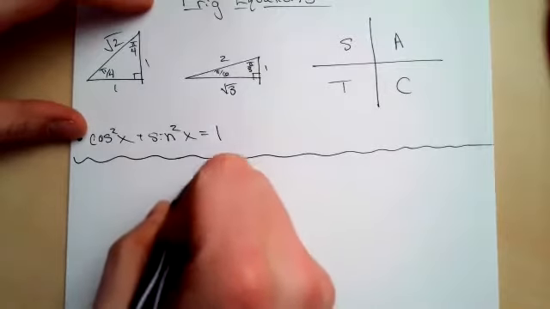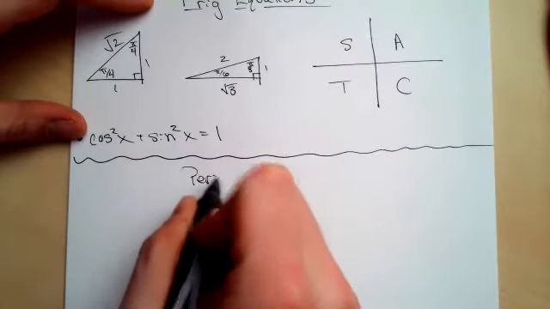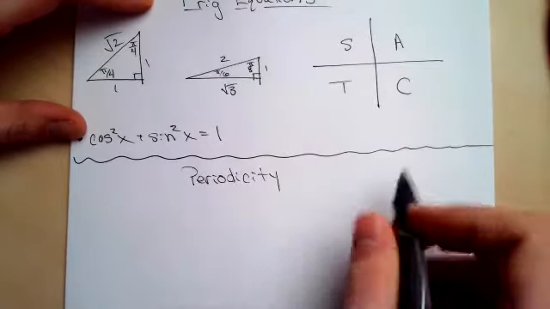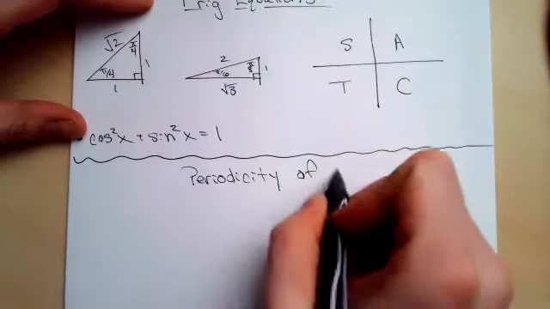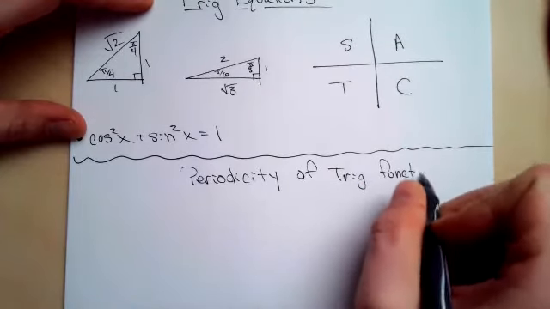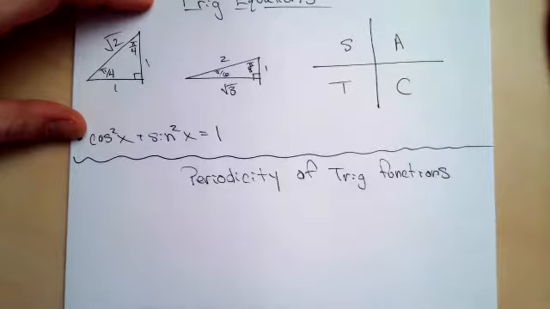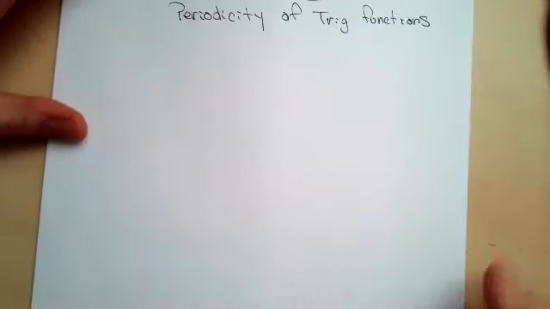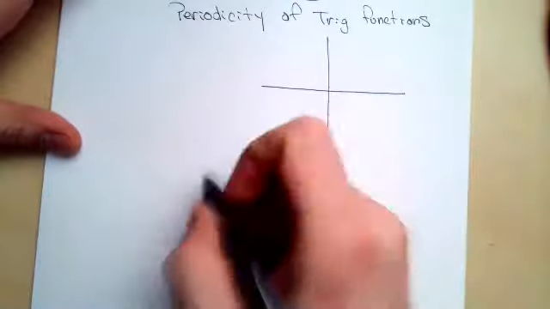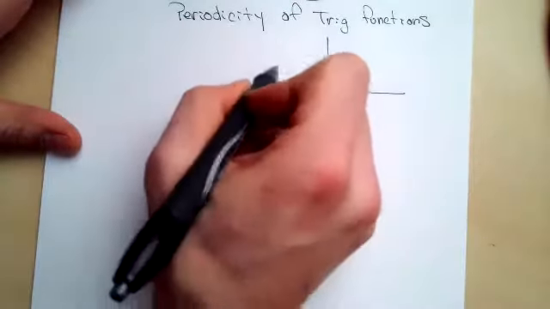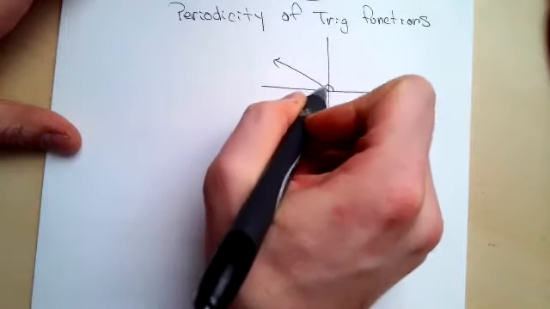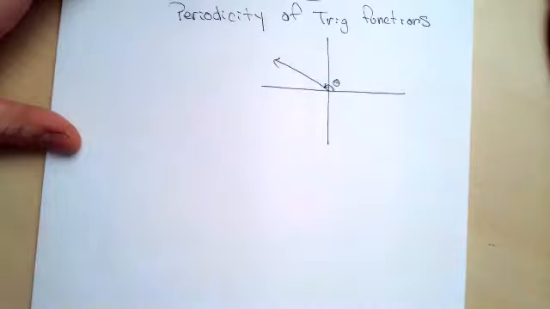All right, so let's talk about the periodicity of trig functions. If we have an angle, and it doesn't matter which quadrant, so let's just say it's over here. So let's say we have an angle theta.